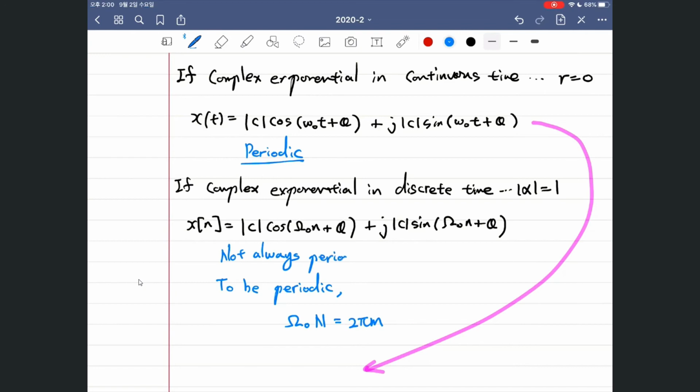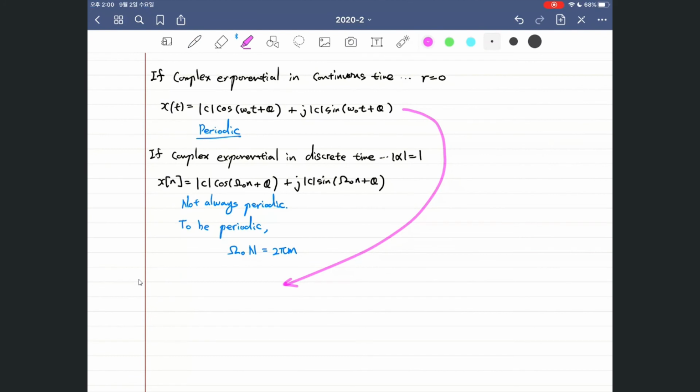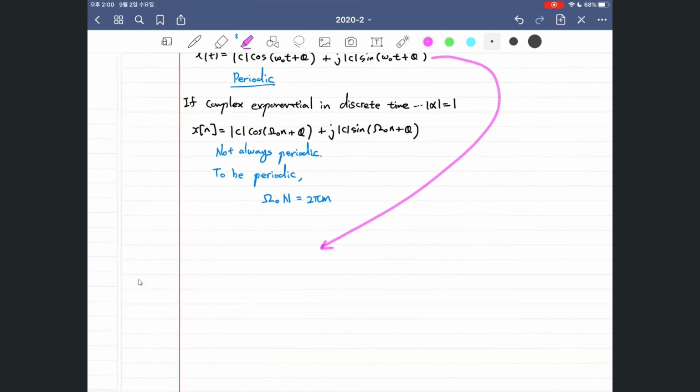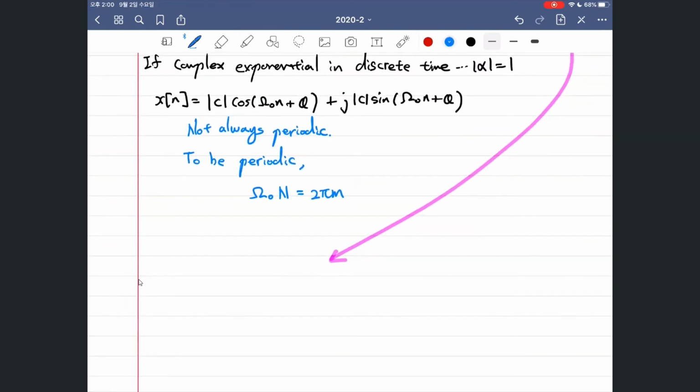And with the continuous time result, I would really like to add that you have to note that some periodic signals, periodic functions, are not always periodic.